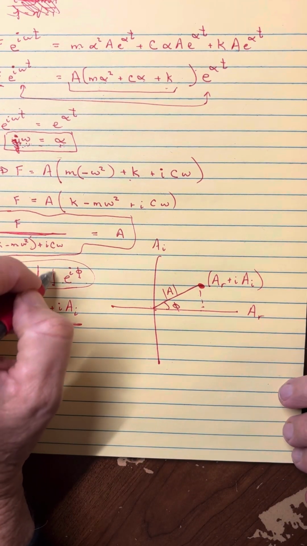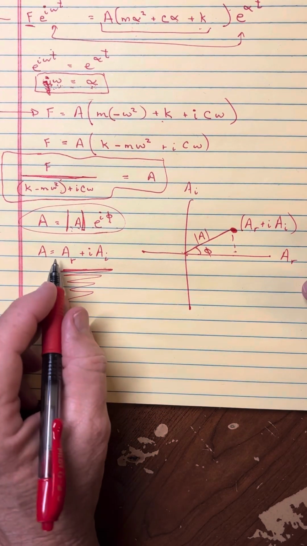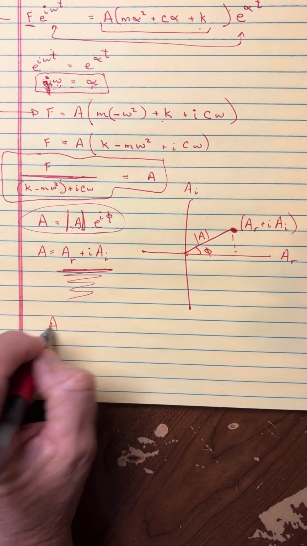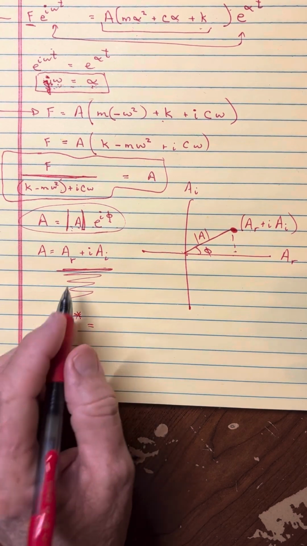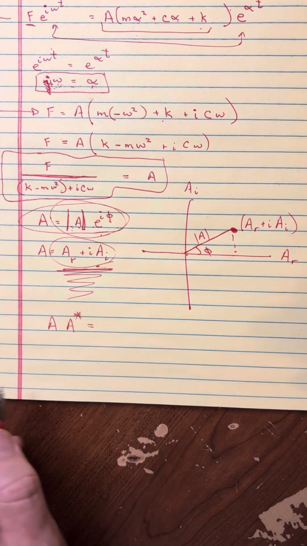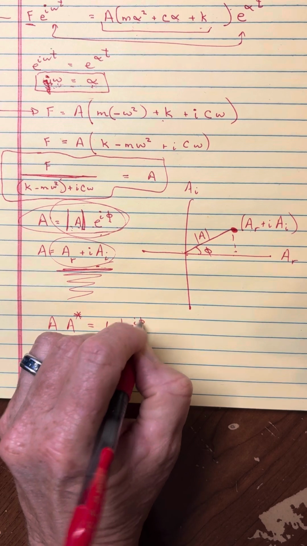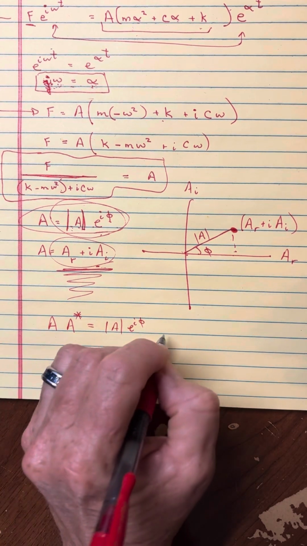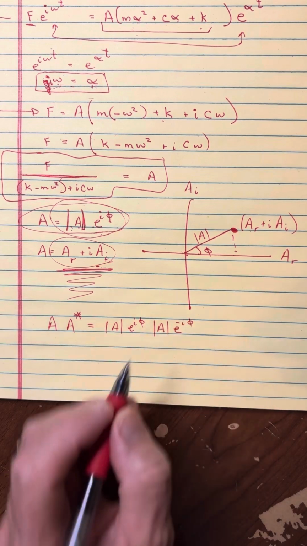In fact, let's try to find the magnitude. Because another nice thing about complex numbers: if you take the number and you multiply by its complex conjugate. So maybe I'll write it in, how about this form? This would be the magnitude of A times e to the i phi. And then its complex conjugate would be the magnitude of A times e to the minus i phi.